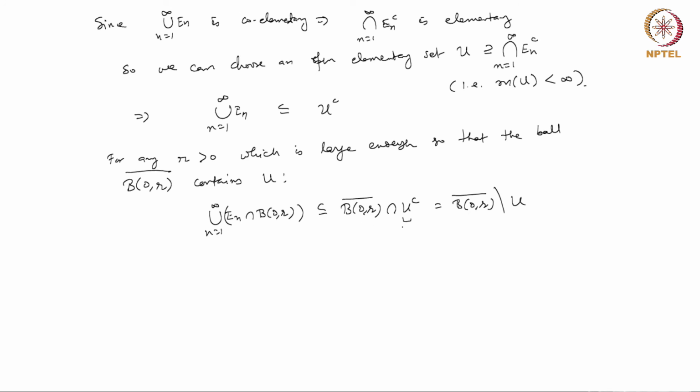U is open, so U complement is closed, and this is also closed and bounded. So this whole thing is a compact set K.